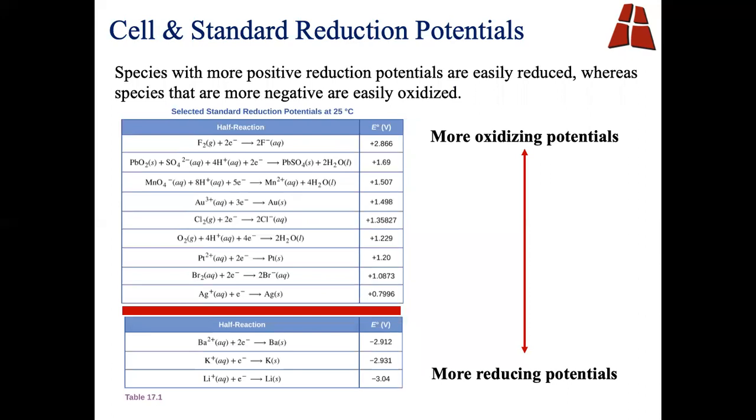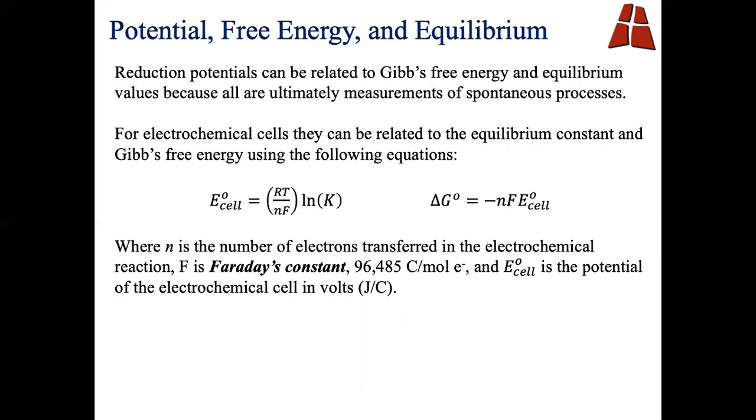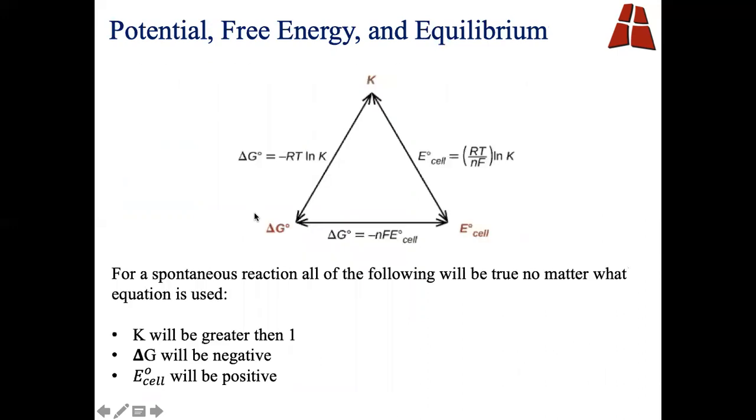Within that, we often have tables called reduction potential tables. Things that are more positive are more oxidizing. Things that are more negative are more reducing. We tend to relate our Gibbs free energy to our cell potential using this equation. We can also relate it to our equilibrium constant, and of course, make our magic triangle.